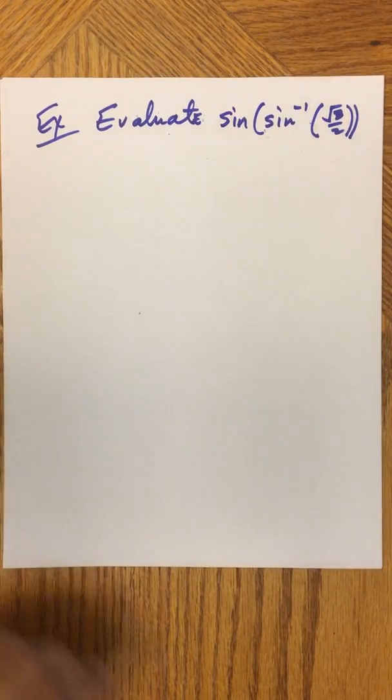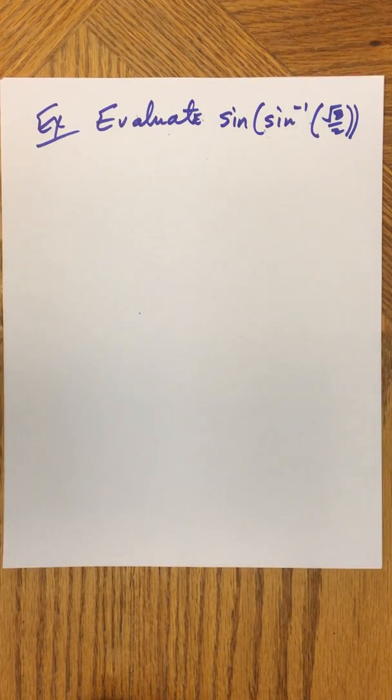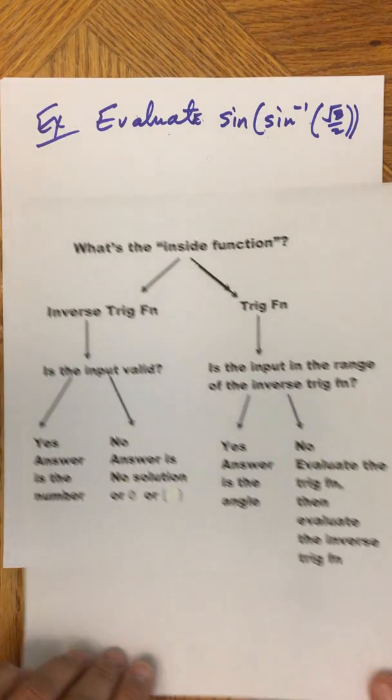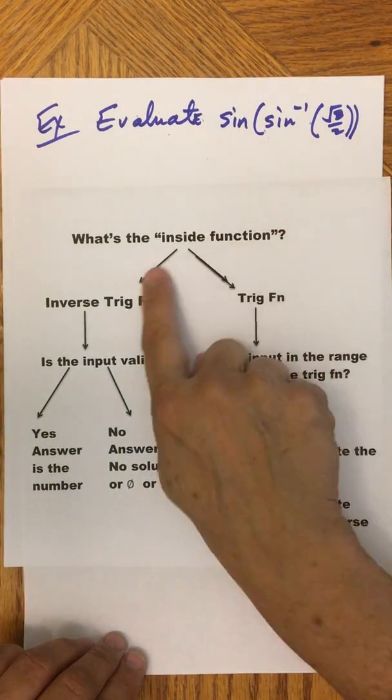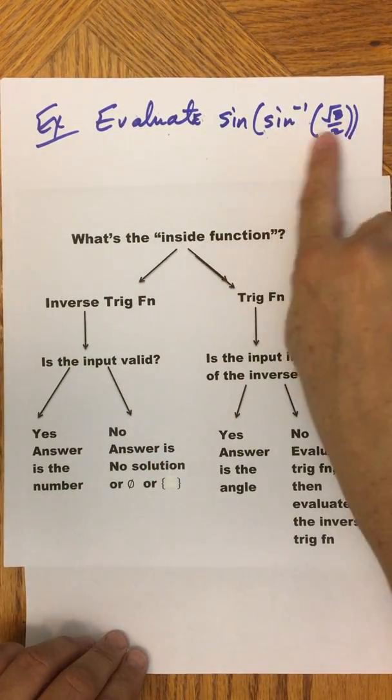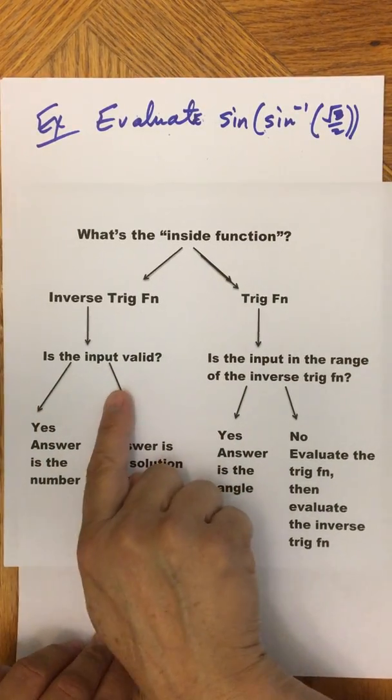All right, let's take a look at some examples. Say you're asked to evaluate sine of inverse sine of square root 3/2. Can I use the cancellation or not? The inverse trig function is on the inside, so I want to know, is this input valid?